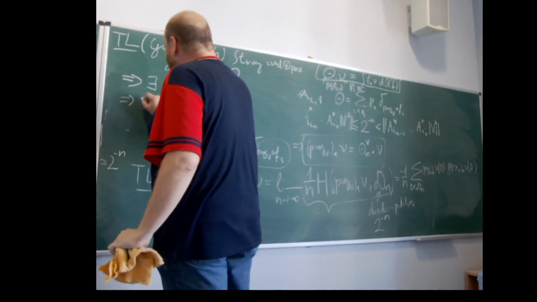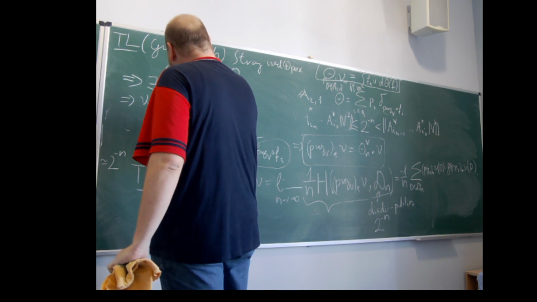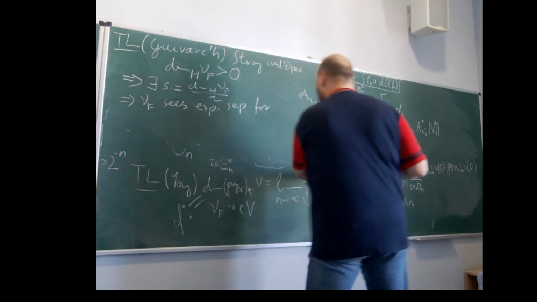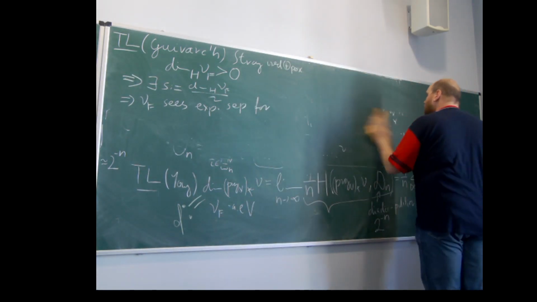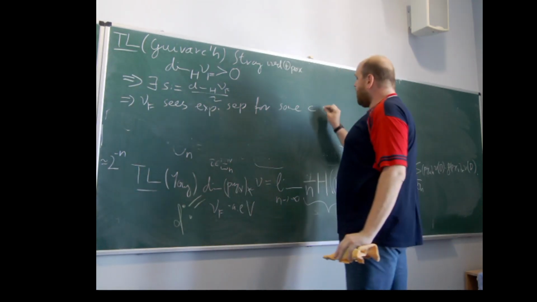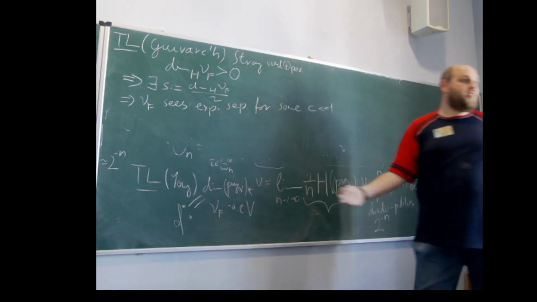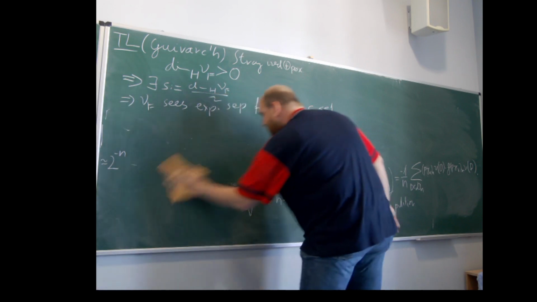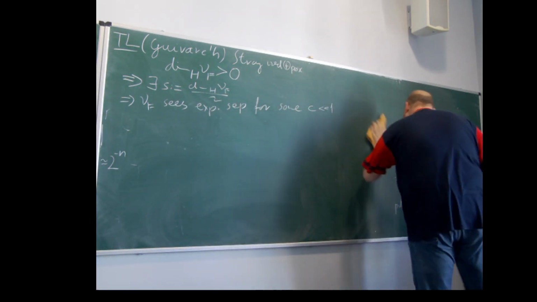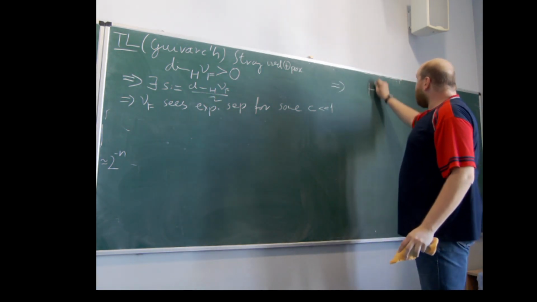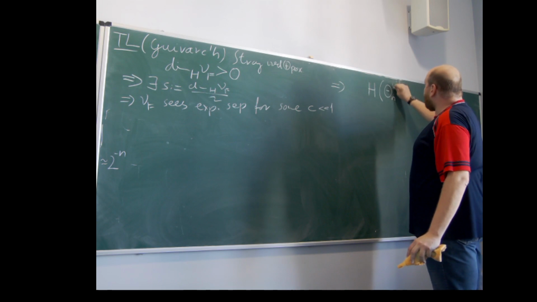So by choosing this s, it says that nu_F sees exponential separation for some c. Tiny, but for some. And this is what we like because then we can handle the entropy of this theta_nV.